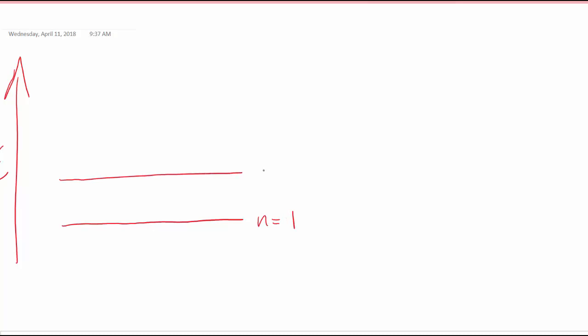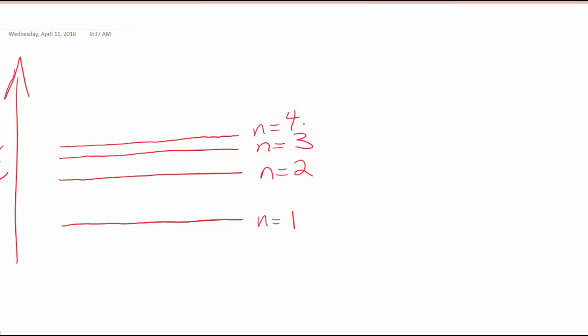All right, so say I'm plotting my energy, and say this is n equals 1. Then say n equals 2 is there, to get the difference in energy, well, n equals 3 might be there, and then n equals 4 might be there. Okay, so that's what I'm saying.